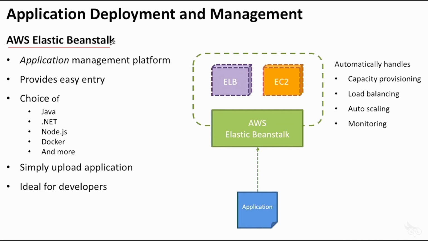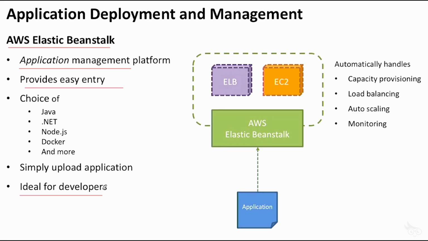So Elastic Beanstalk is what we would consider an application management platform. It provides very easy entry into Amazon Web Services. There's a couple of ways that we could think about Elastic Beanstalk. One way is that it's ideal for developers. There are plenty of folks out there that all they want to do is write their application and see it run.